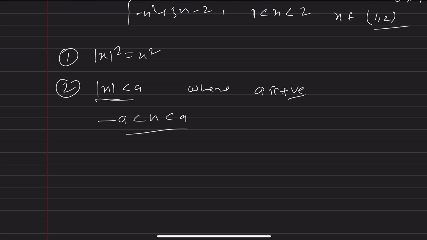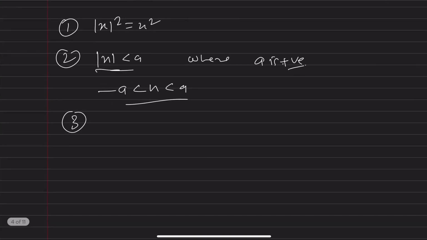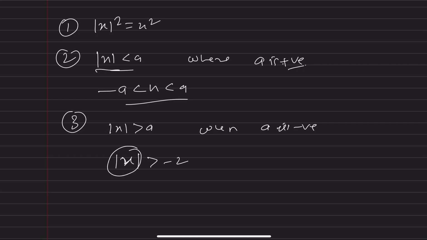Okay, now if you take any number, mod of x is always greater than a when a is negative. Like if you take any number's modulus, it is going to be greater than minus 2, because it always gives you a positive value and a is negative, so it is always going to satisfy, right?